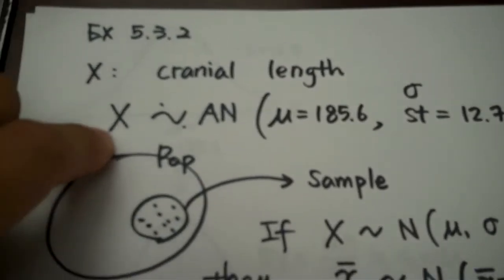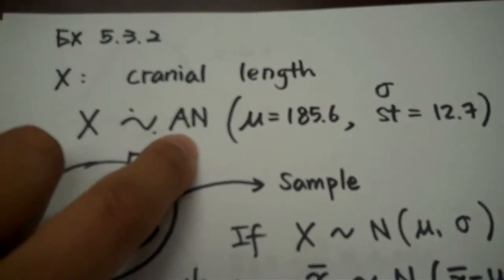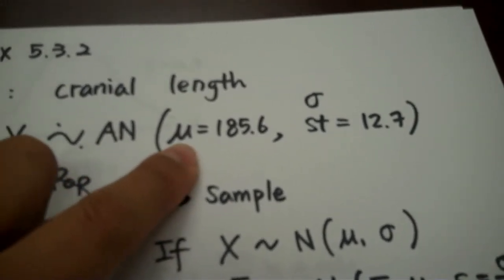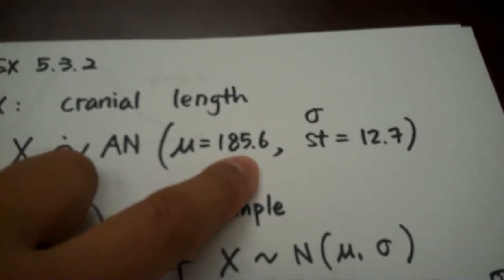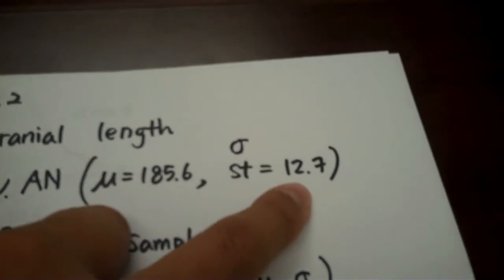So here, x follows an approximately normal distribution. The population mean is 185.6, and the standard deviation of the population is 12.7.